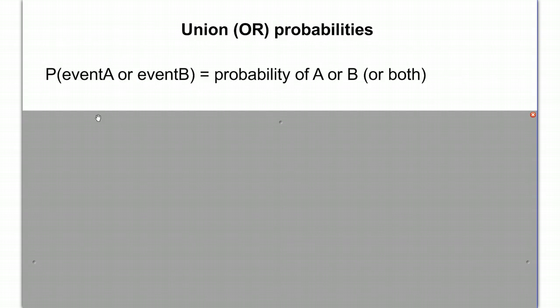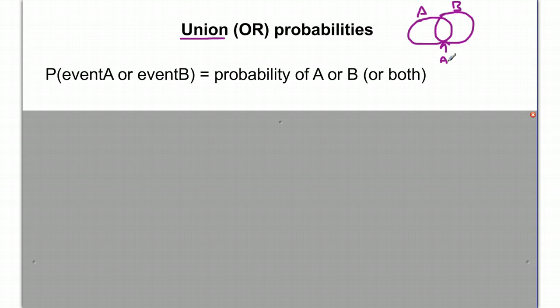Or, which is mathematically called a union many times, is the probability of A or B or both. Now, some of you may have seen the Venn diagram before. It's where you have these 2 intersecting circles. One represents A, one represents B. In the middle is both.